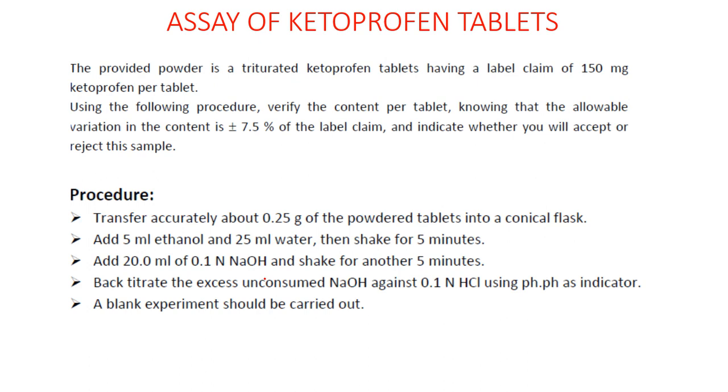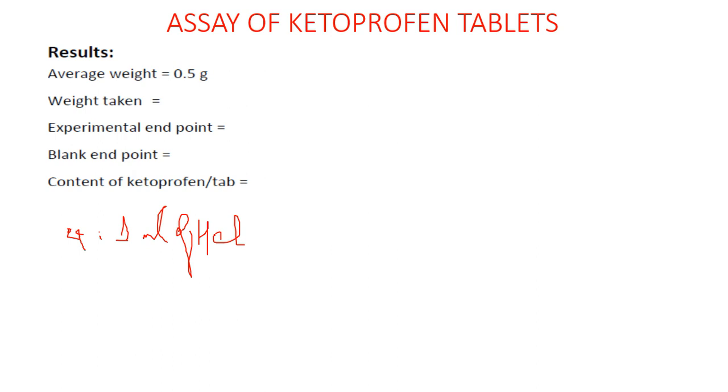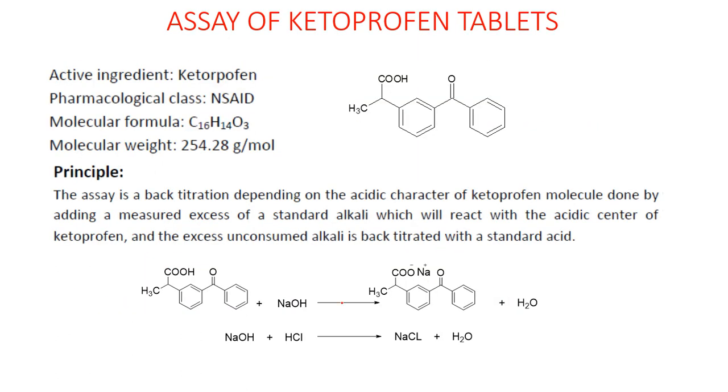For 0.1 normal HCl it is equivalent to normality times volume times molecular weight over what? P. In the last lab I explained in detail how to calculate the normality, the volume, the molecular weight and what P is. All of these you can get from the equation.